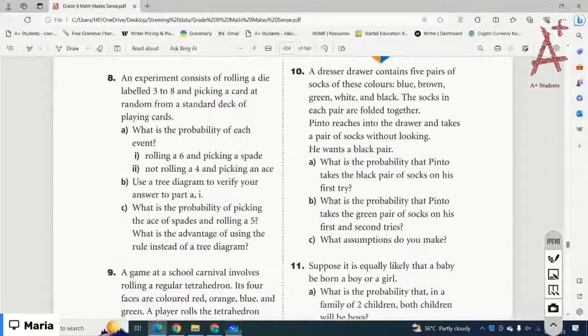Okay, the next one is, use a tree diagram. What is the probability of picking the ace of spades and rolling a 5? So rolling a 5 is 1 over 6, right? And ace of spades is 1 over 52.